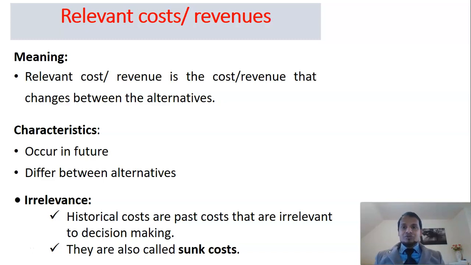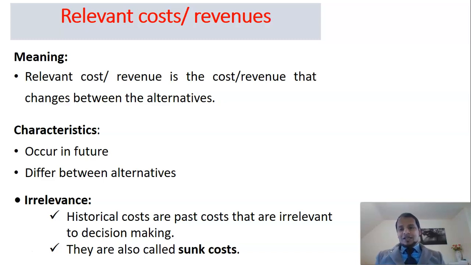So we have to collect and consider relevant costs and revenues for making decisions. So what is relevant cost? What is relevant revenue? The relevant cost or revenue is the cost or revenue that changes between alternatives.